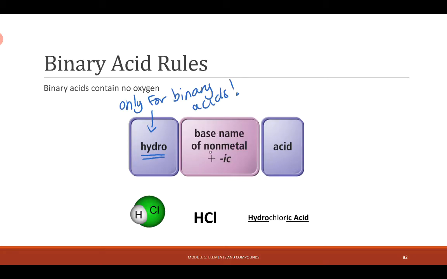Then you'll have the base name of the nonmetal it's bonded to, followed with a suffix of "ic", and then the word acid. And so if you had one hydrogen bonded to a chlorine, then this would be hydrochloric acid.